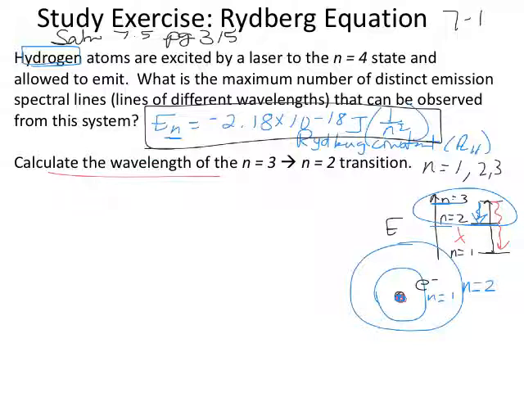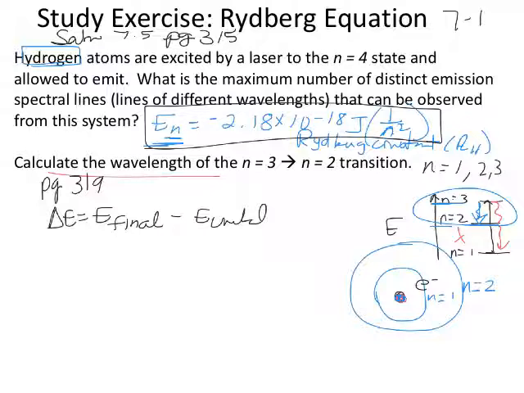So how do you do this? This is your energy equation related to your n value, your quantum value. Page 319 has combined these equations for delta E equals E final minus E initial.